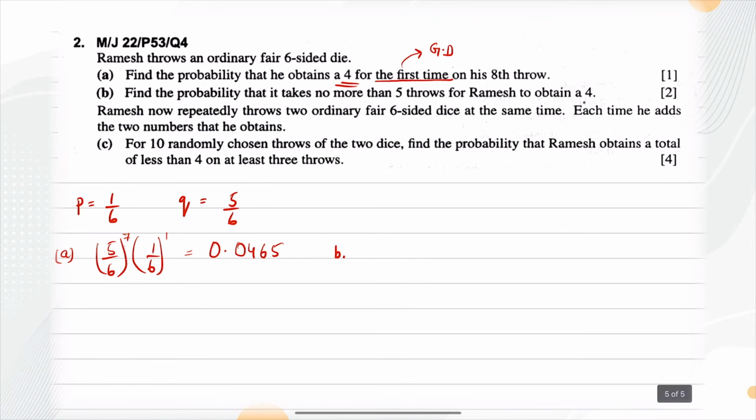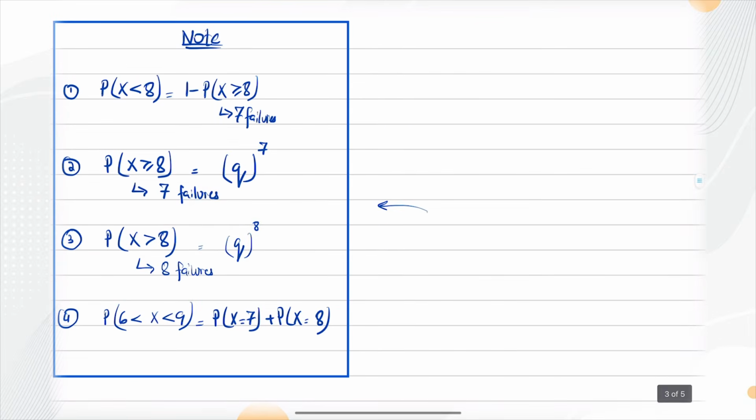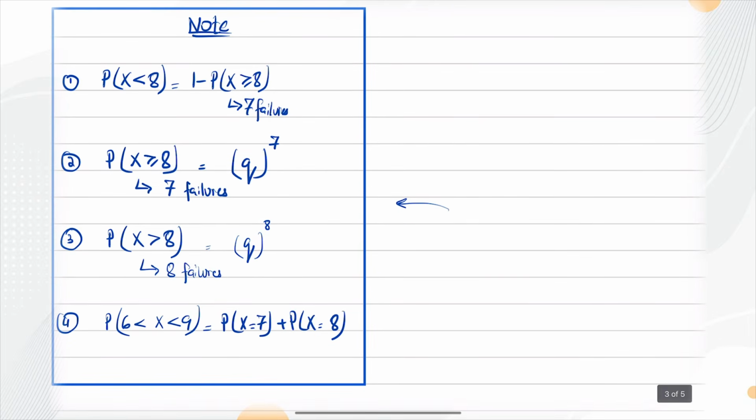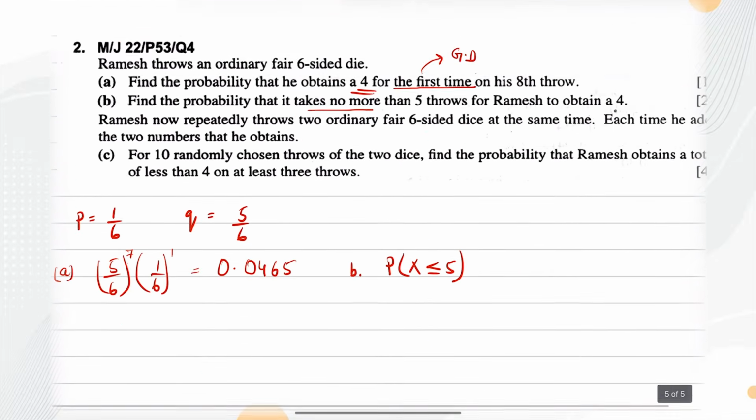Find the probability that it takes no more than 5 throws for Ramesh to obtain a 4. Okay, what does that mean? That means we need to calculate the probability that x is lesser than or equal to 5. Now did we write that down? That's the one thing that we didn't write down. Probability of x is lesser than or equal to 5. Now let's understand this.